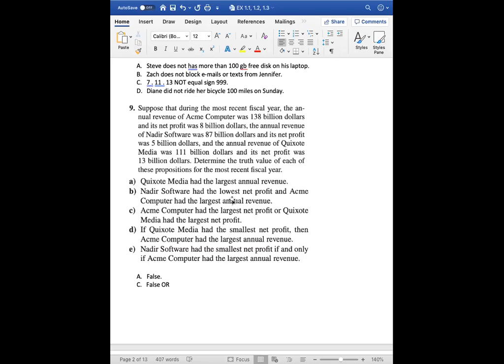Here Quicksort Media had the largest net profit, which we just said it does. So we have a statement which is false, ORed with a statement which is true. False or true evaluates to true. Therefore, the truth value for this statement is true. You can just write down true, or if you want to break it down to be more clear, you can do it this way.